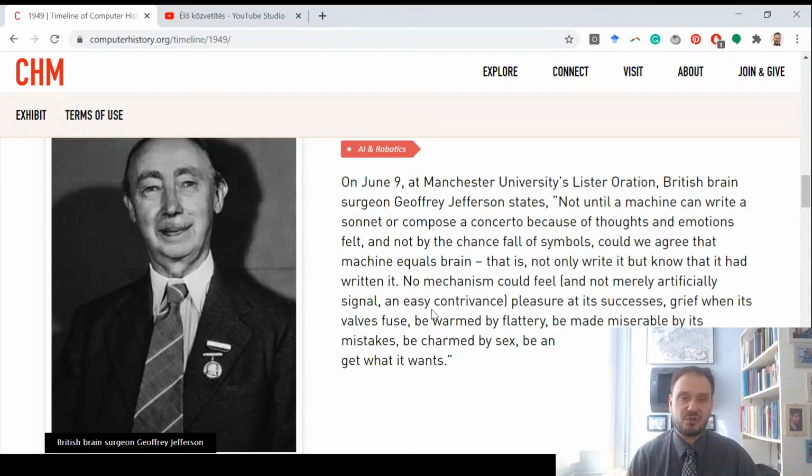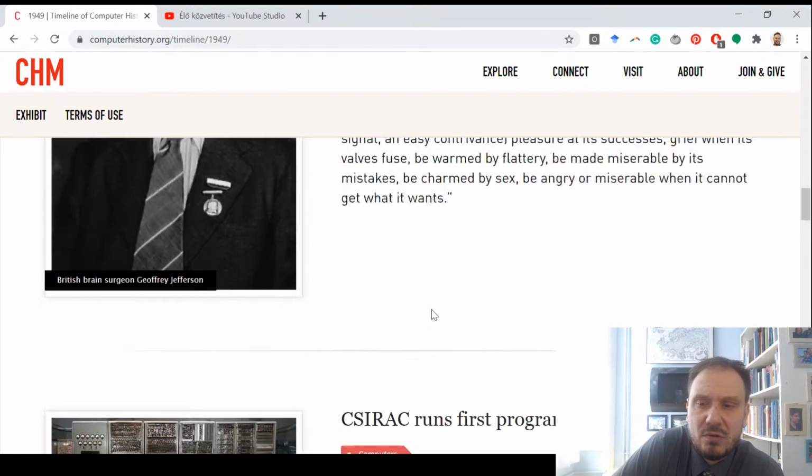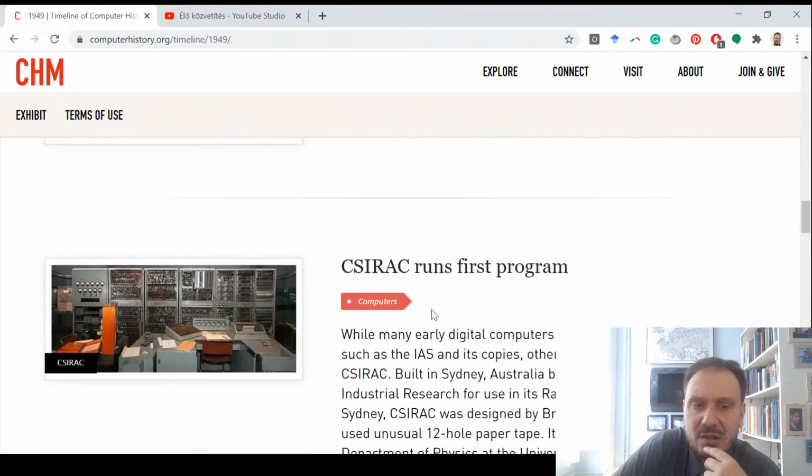It cannot write a sonnet. The sonnet comes up, sonnet like a poem, right? It comes up again, not only in Alan Turing's work. So here we have a discourse, a strong conversation about artificial intelligence.